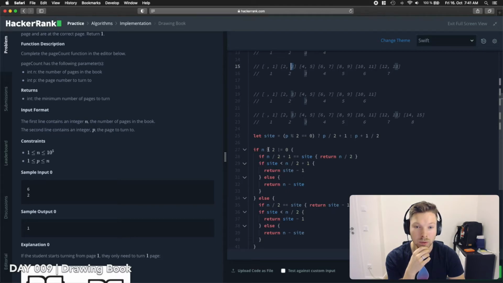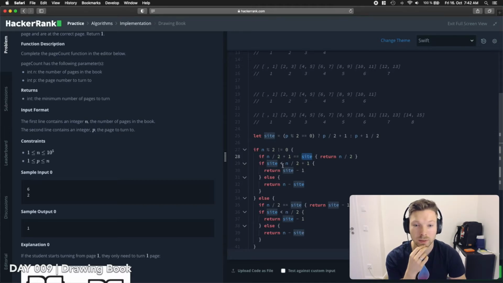7 divided by 2, it's uneven, right? It's 3.5, which means n divided by 2 plus 1 means this would be 4. If that's the side, return 3. 1, 2, 3. That looks fine.